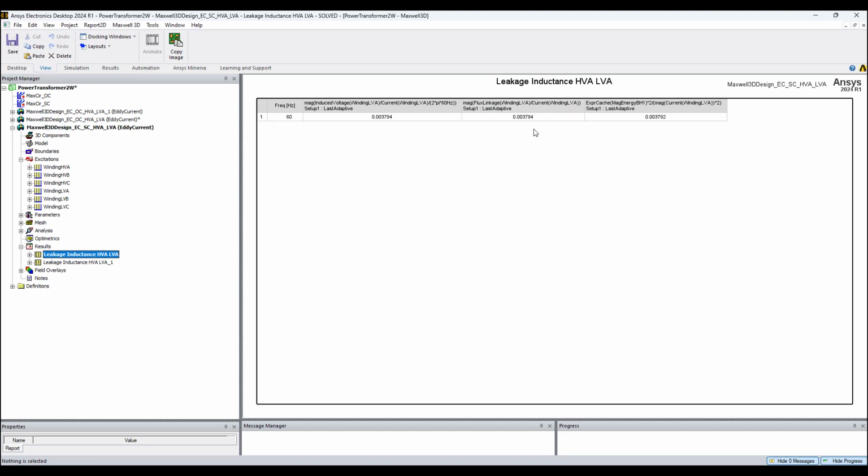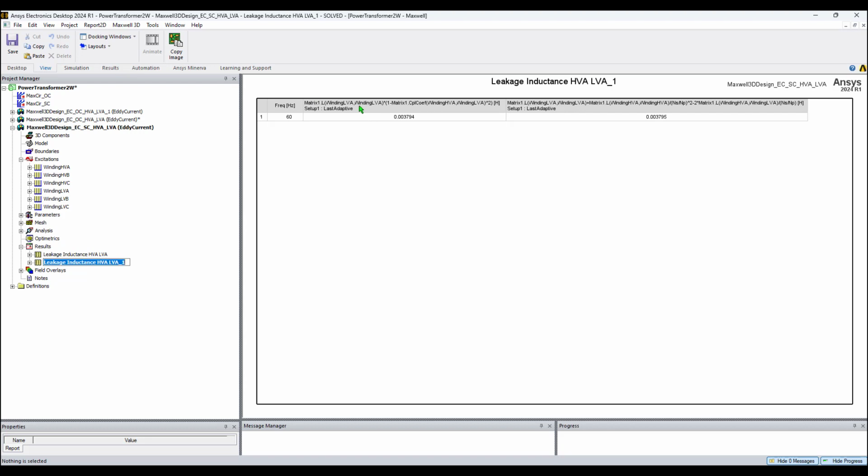And is equal to, very close, approximately almost identical to the magnetic energy multiplied by 2 divided by the current squared of low voltage phase A winding, okay? And this is also equal to leakage inductance computed using the coupling coefficient, right? With respect to high voltage phase A winding and low voltage phase A winding squared, okay? And we use the self-inductance of the low voltage phase A winding, okay?